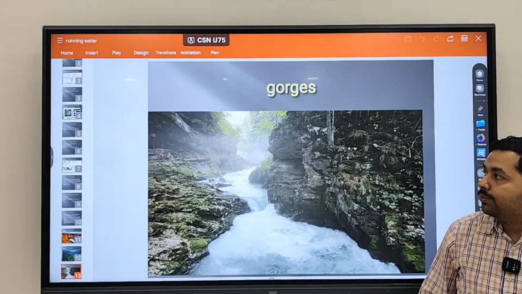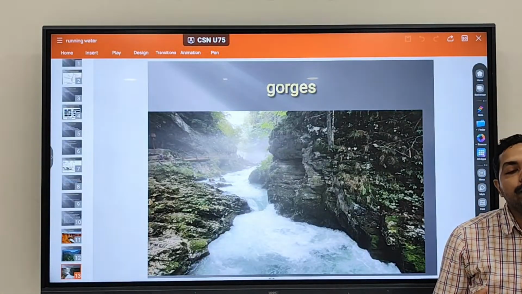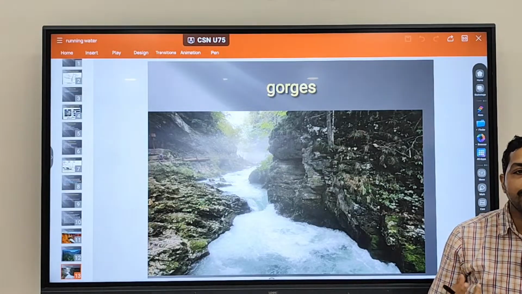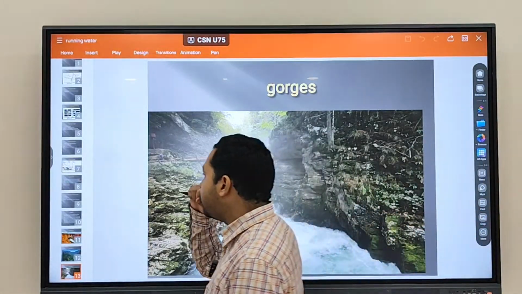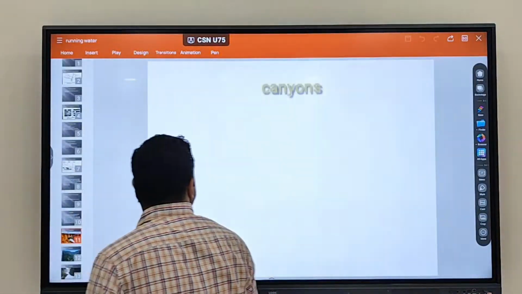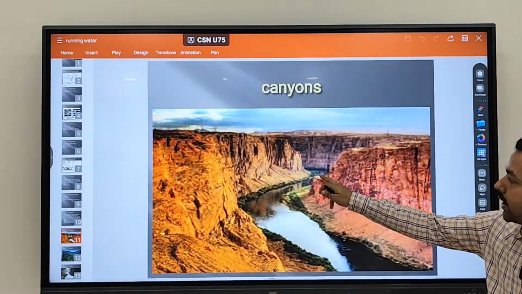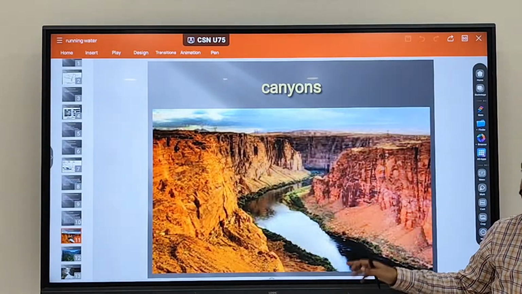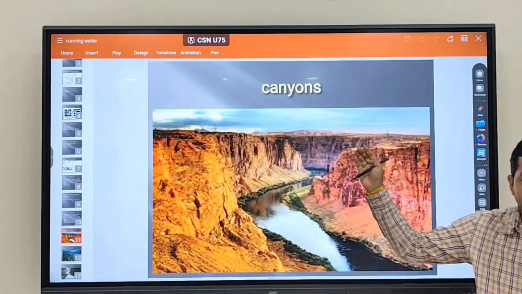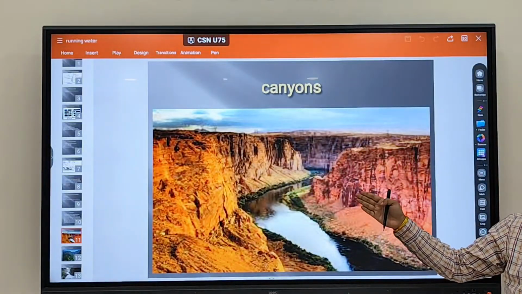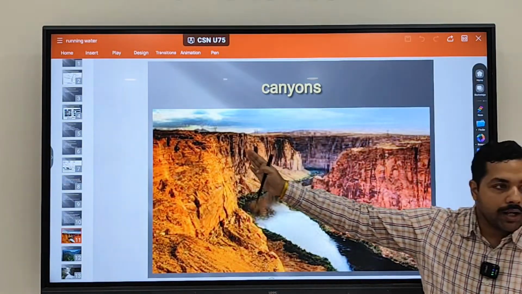Clear? Now the canyon concept is also similar. But in the canyon concept, rivers are moving through the desert. It is a narrow channel through which the river is moving on the desert side with no vegetation. In gorges, you see vegetation on either side.